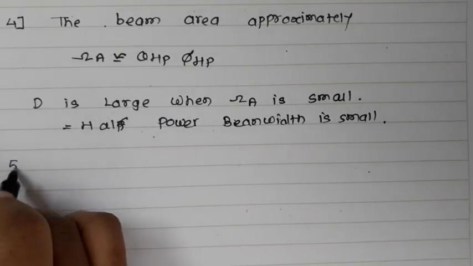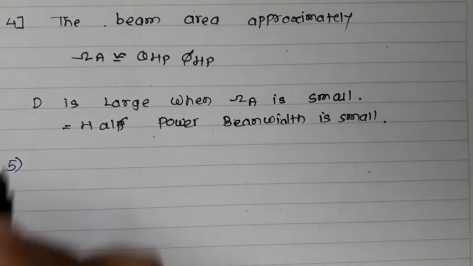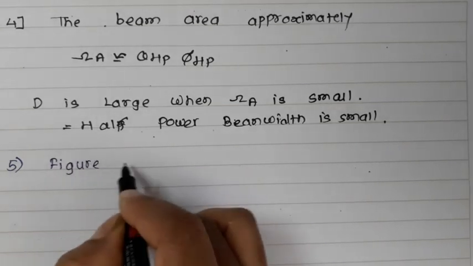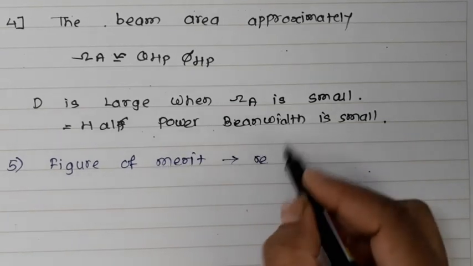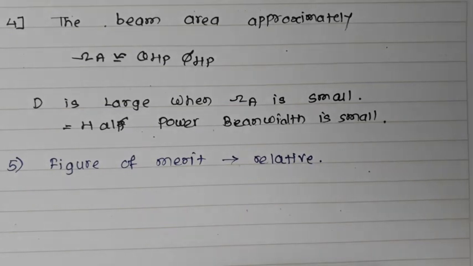And the fifth property, the last property: the directivity provides a relative figure of merit, which indicates the directional properties of an antenna compared with the isotropic antenna.